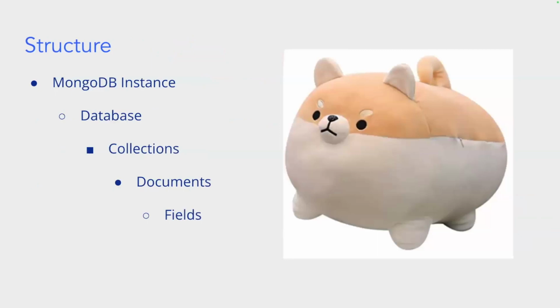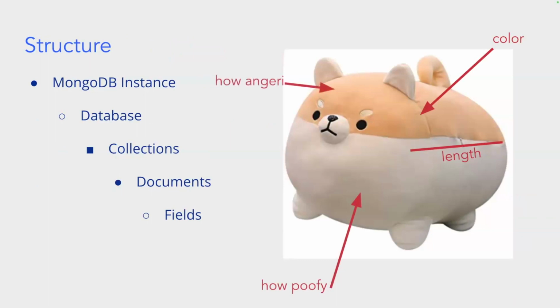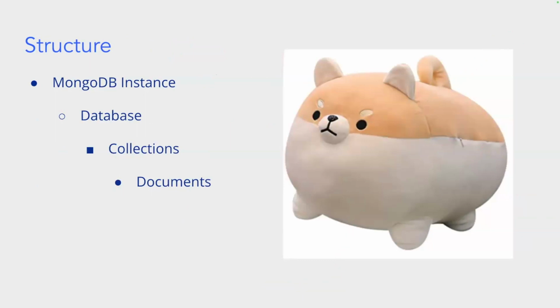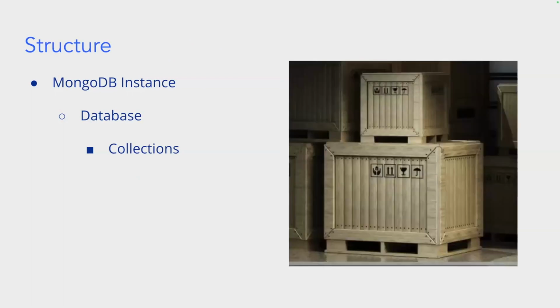So we can imagine that a field, first off, is something like the color of this nice stuffed Shiba here. And it also has a length, a poofiness factor, and an angriness factor. And the Shiba as a whole is a document. A collection would be like a crate of a bunch of Shibas.